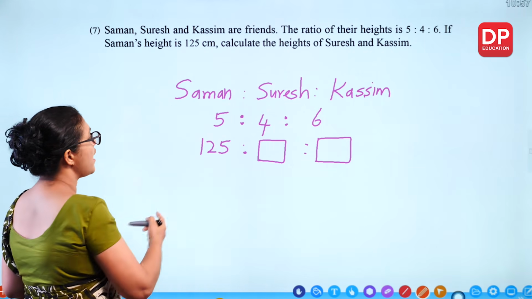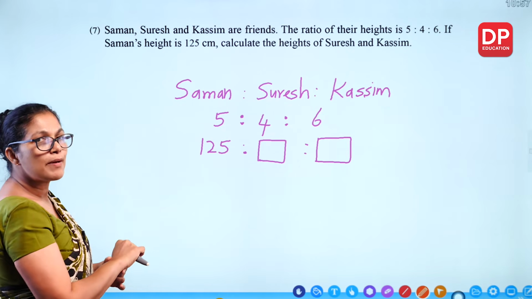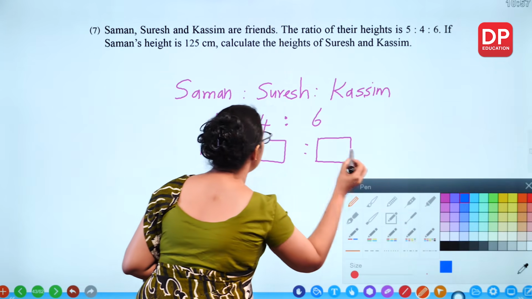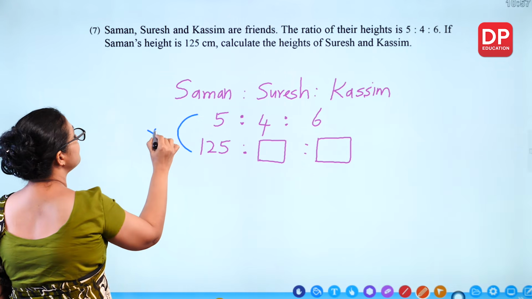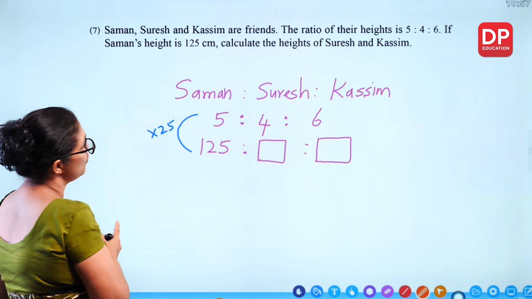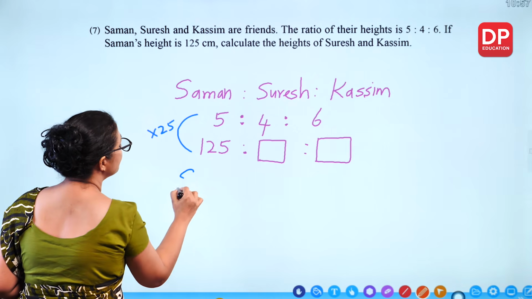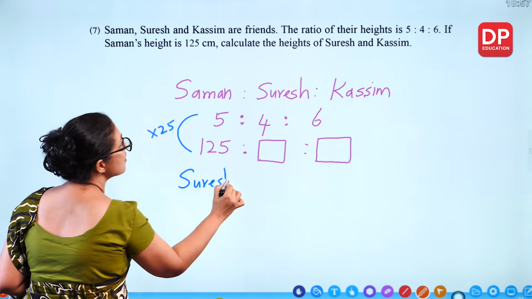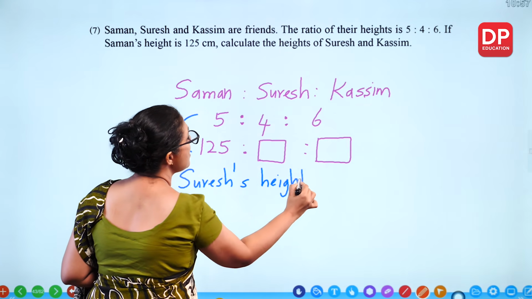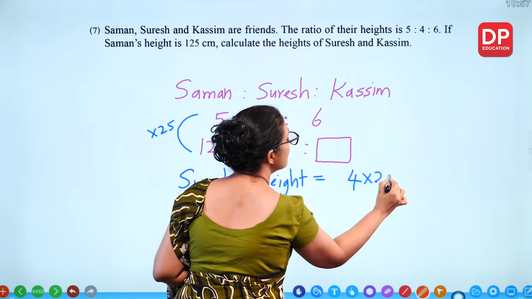So these two we need to find. So how will you get 125 from 5? Multiply by 25. So you need to multiply this by 25. Then you have to do the same thing. So what's Suresh's height? Suresh's height is equal to 4 times 25.